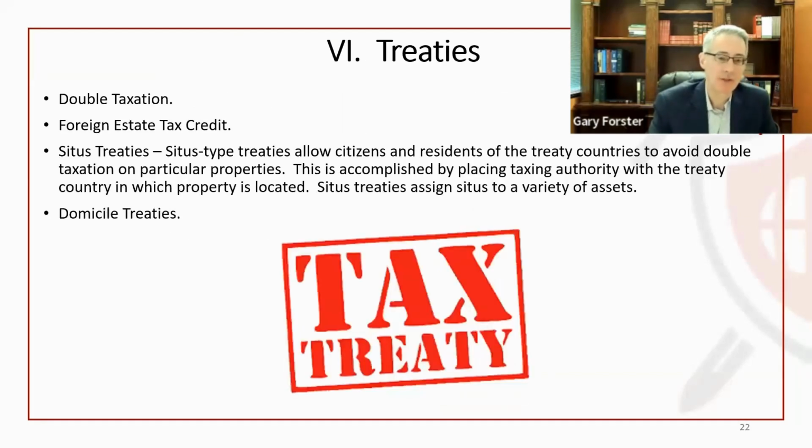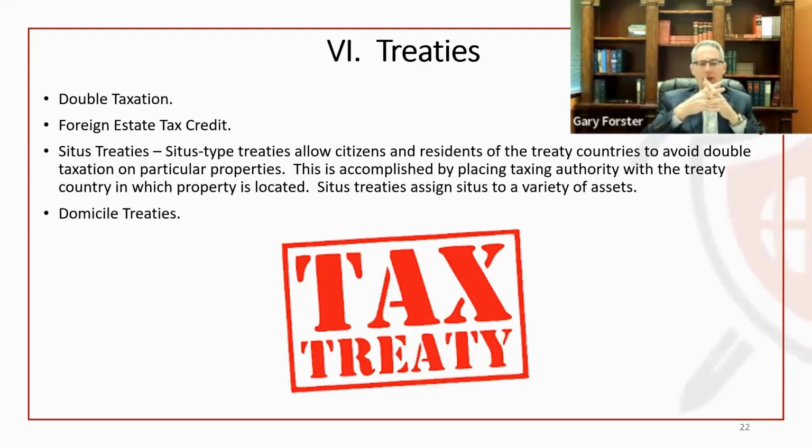This talks about some of the treaties. The treaties are touch and go. We can shelter a lot of stuff if we decide, okay, we've decided to become a resident of the US, or we don't want to be taxed by our home country and the US. A lot of it is, I had noted here, we have situs treaties, which is like, I have assets in the US and I live in France, and the treaty says I only have to pay tax in France.